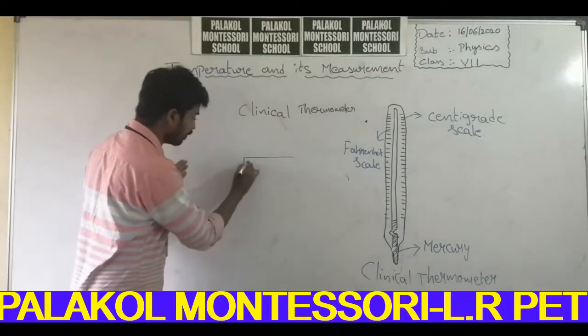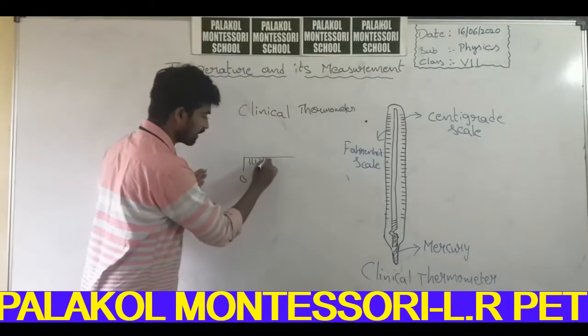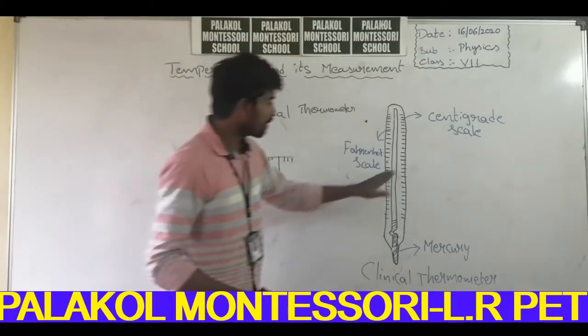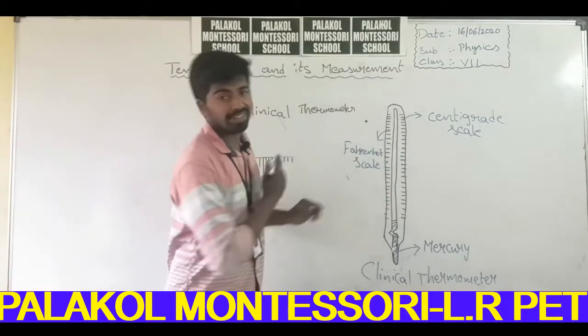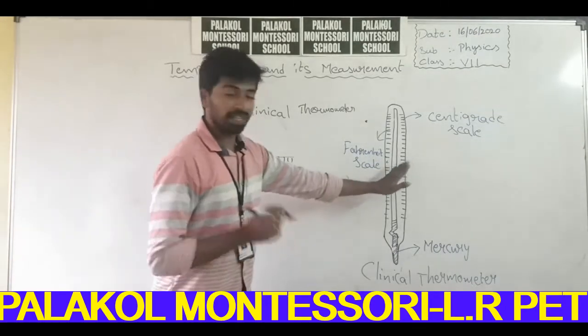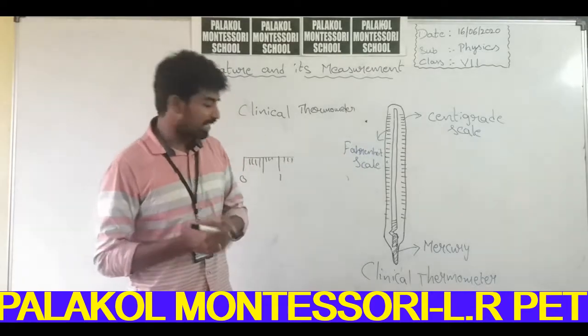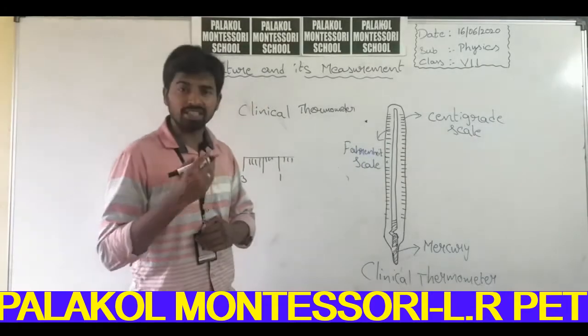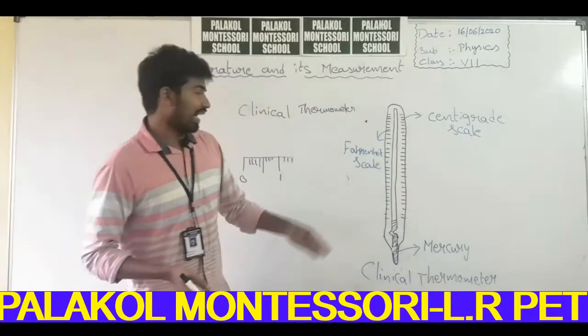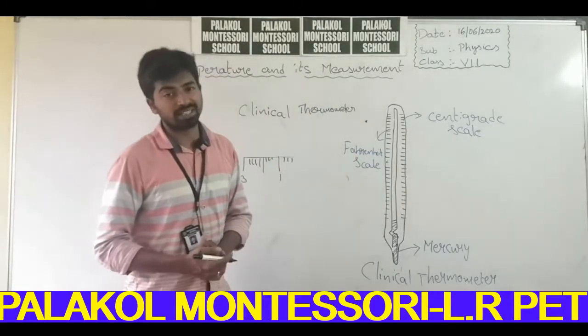First one is 0 and after some divisions there is again 1. Similar divisions will be observed on either side of the clinical thermometer. So, you can observe two different types of scales on the clinical thermometer. What are those scales? One is the centigrade scale and another one is the Fahrenheit scale.